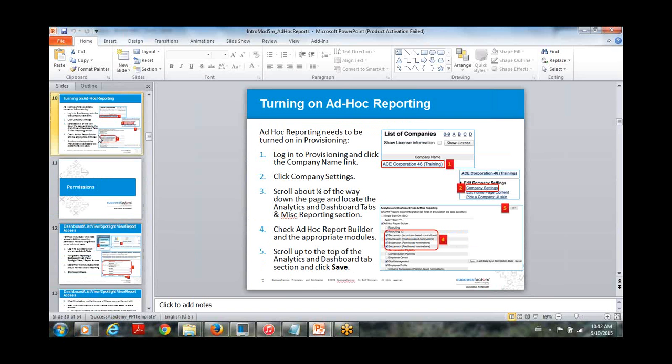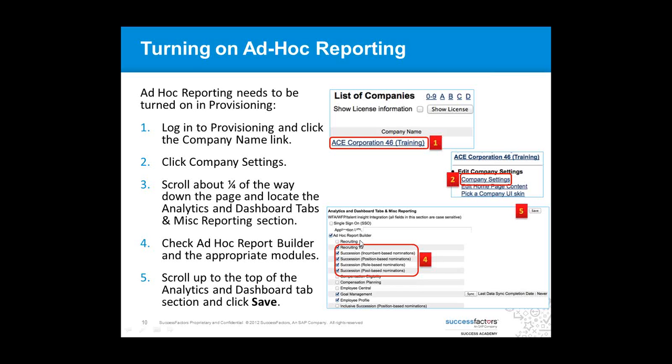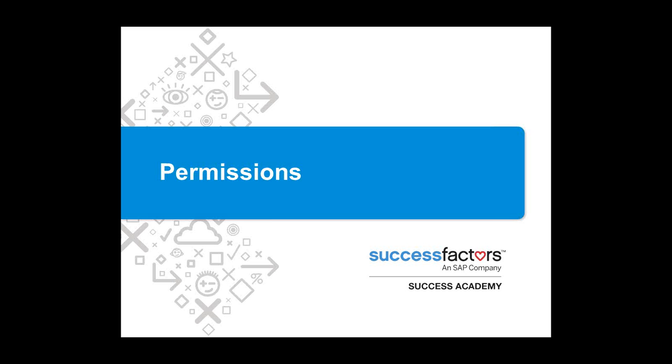You need to log into provisioning, go into company settings, and then activate. Just enlarge this. You need to click on that. You need to enable the ad hoc report builder and whatever modules you want, and you can save it. That will enable ad hoc reporting in your instance.